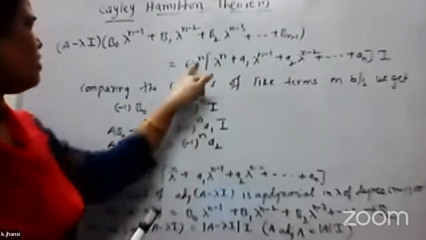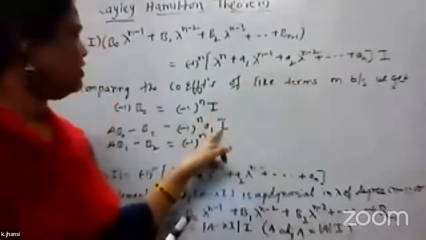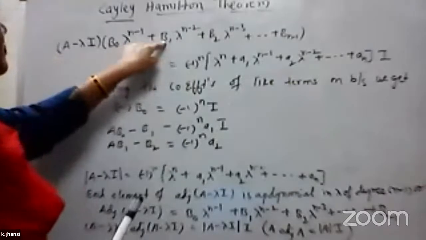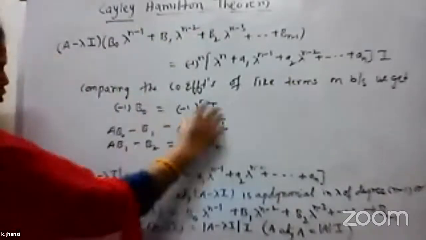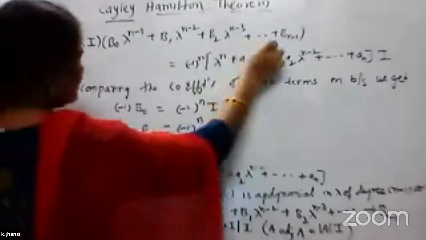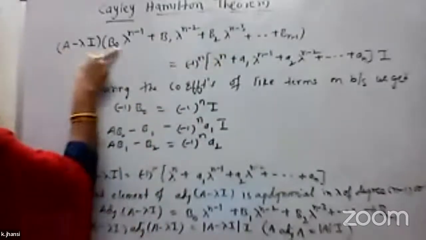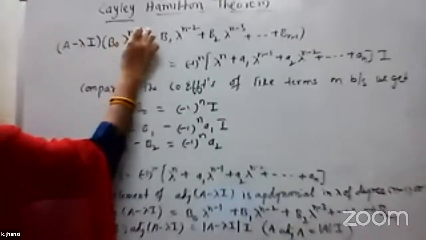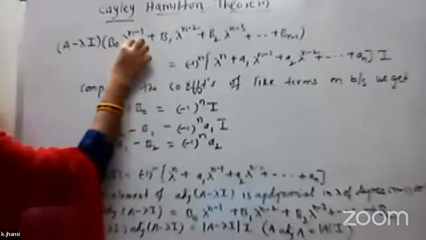That's why minus 1 to the power of n a1 into I. Next we have A into b1 lambda to the power of n minus 1. To get all these terms easily, first you multiply A into this one, then you multiply minus lambda into this one. If you multiply these two, what will happen? B naught into lambda to the power of n minus 1, and here 1 is there, so both will get cancelled, and lambda to the power of n you will get.